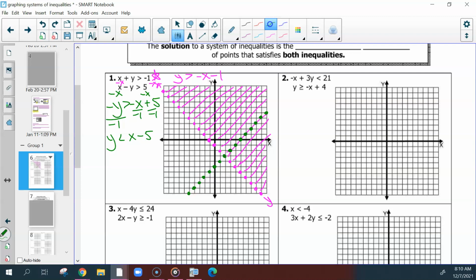Again, this is a dashed line. They're too close together, so just draw arrows at the end. And this is shaded below.